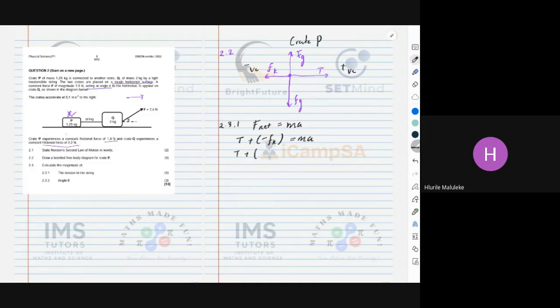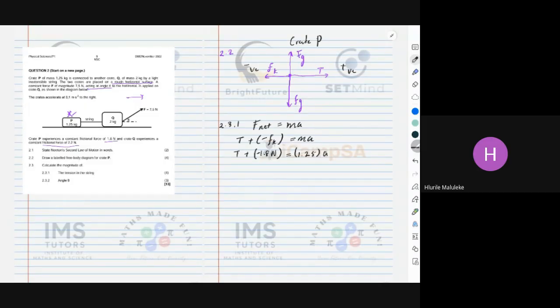What is the frictional force of P? It is 1.8 newtons, equals to the mass of P is 1.25, then times a. This should be negative. Don't forget, right?